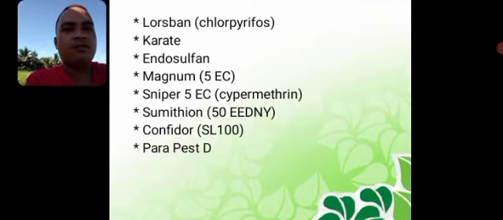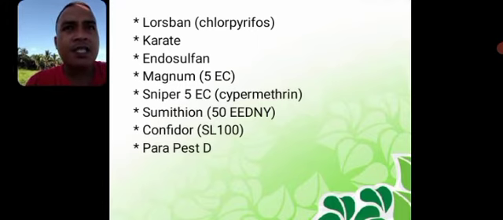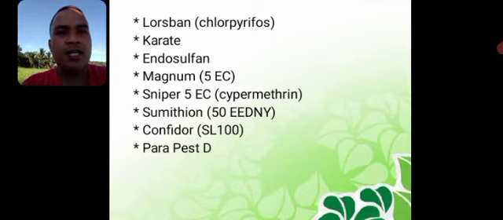Next is magnum, or 5-EZ. It is an insecticide that controls pink bollworm, aphids, thrips, and whitefly on various crops, cotton, ornamentals, citrus, pears, apples, peaches, and so on. Next is sniper 5-EZ, or cypermethrin.